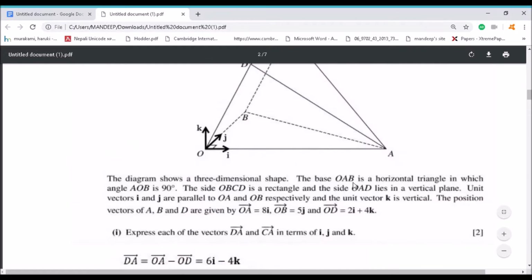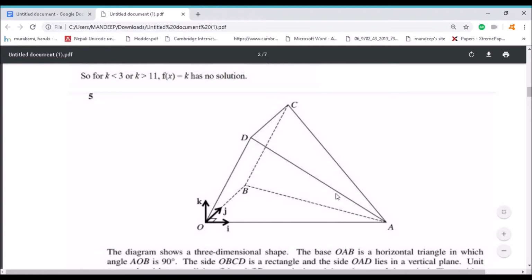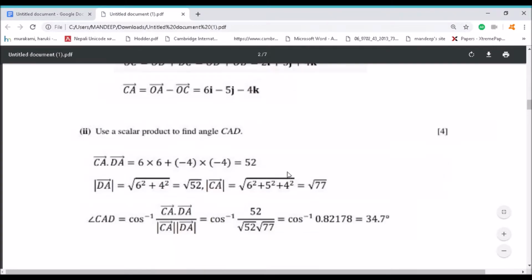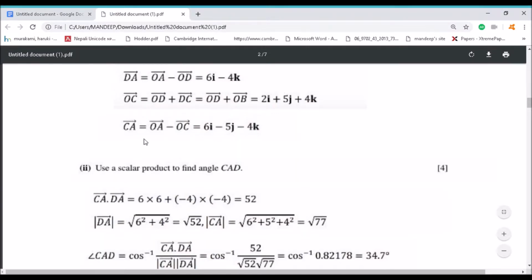Here I have used CA and DA. We have CA as 6i minus 5j minus 4k, so I multiply CA and DA, so it is going to be 6 times 6 plus minus 4 times minus 4, and 5 times 0 is 0, so it's going to be 52, divided by the DA magnitude, which is root of 6 squared plus 4 squared, so root 52.